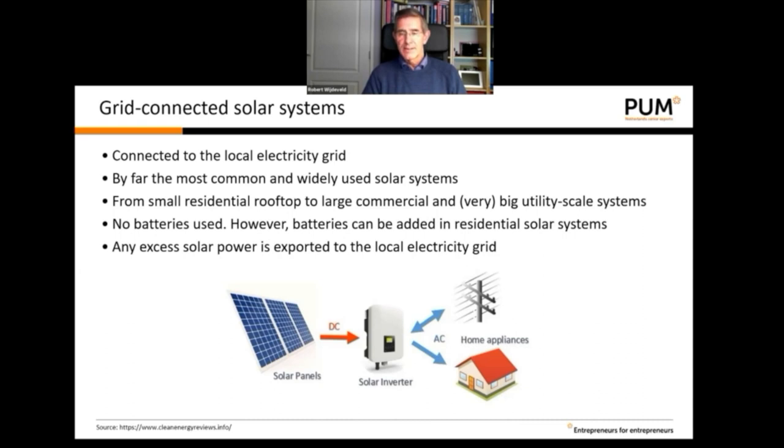It is connected to the grid, and normally there are no batteries involved. Of course, you can connect batteries with it, and it is not an off-grid system, but it is possible to have batteries as backup. Any excess solar power is exported to the local electricity grid. I will come back to that in detail.